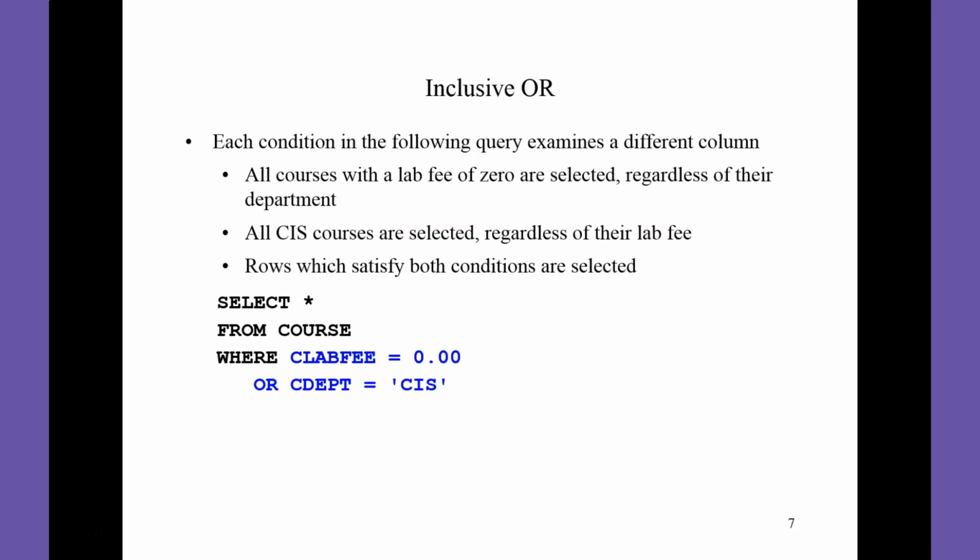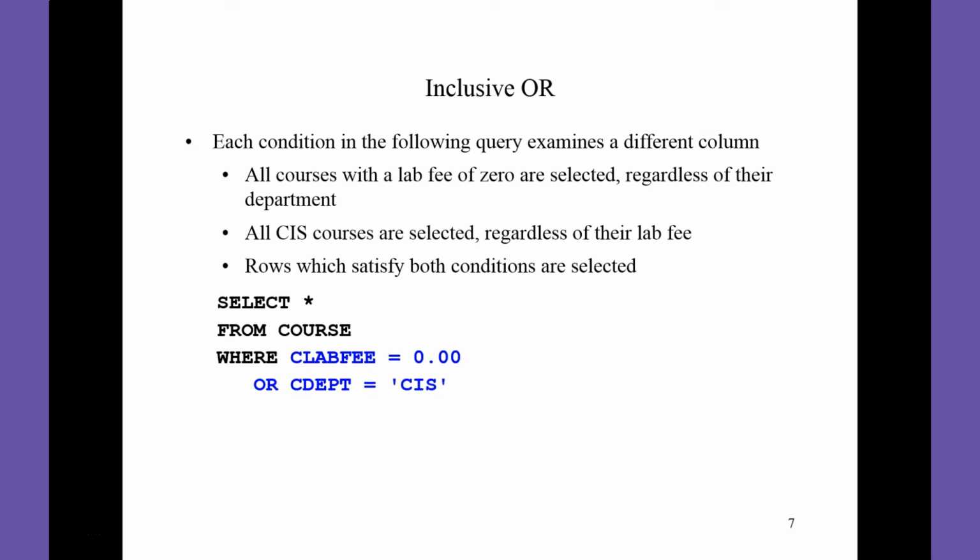To demonstrate the inclusive nature of OR, our next query uses predicates that involve two different columns. This query will display any row which has a lab fee value of 0 or a C department value of CIS.